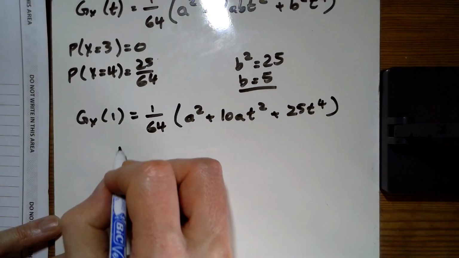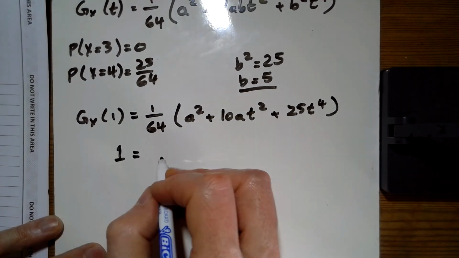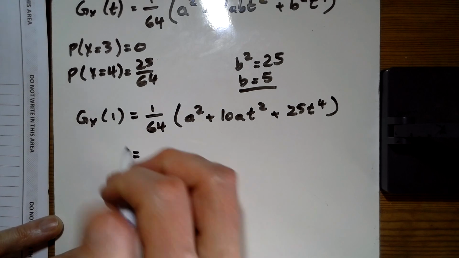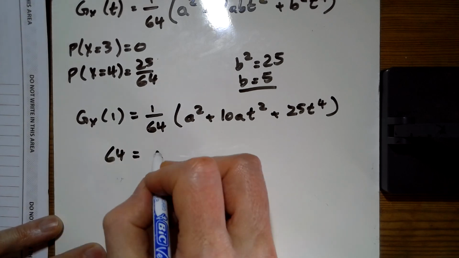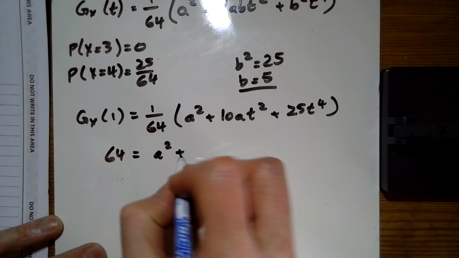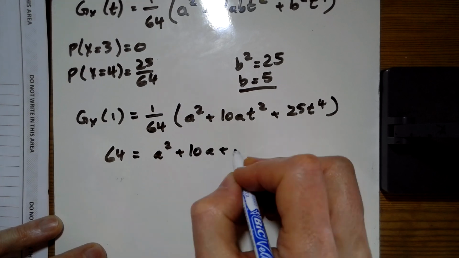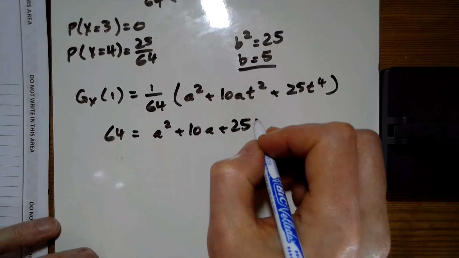And of course we know the probabilities have to add up to 1, so I think we just times by 64 there. So a squared plus 10a plus 25 equals 64.